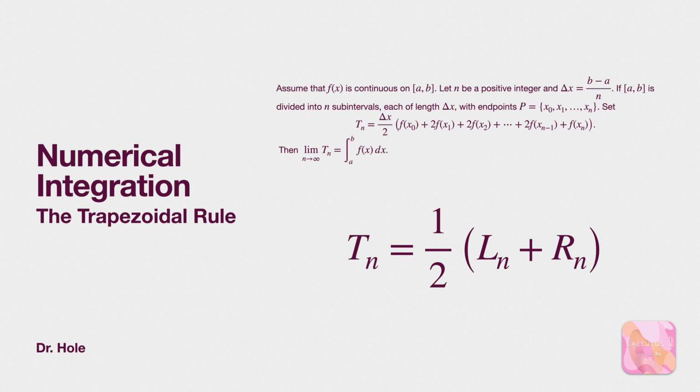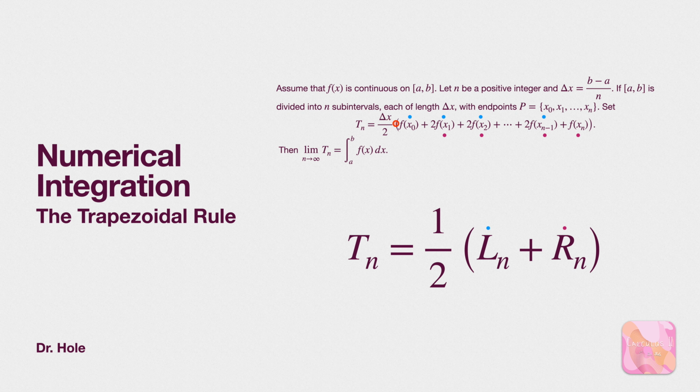Now, we have a nice little identity that relates the trapezoidal rule, T sub n, with the left and right endpoint methods. Let's observe how this holds. Let's use some colored dots. Remember that L sub n is you take delta x and you multiply by all of the left endpoint heights. So for each blue dot, just associate that with an f at the input.